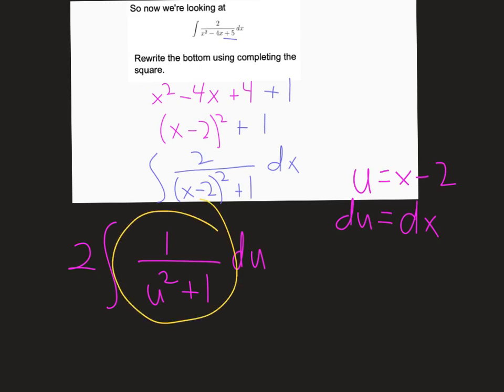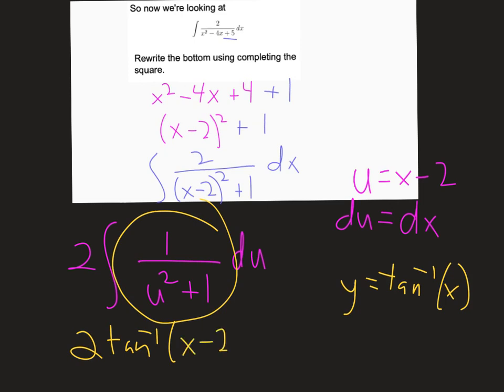If you're not sure which one, go through and build them. Say y equals the inverse tangent of x, and take the derivative and see what happens. Oh, that's the one that works. So this is 2 times the inverse tangent of u, but u is x minus 2. Technically plus c, but I already had a plus c in the other one. So now we found the antiderivative of both pieces.